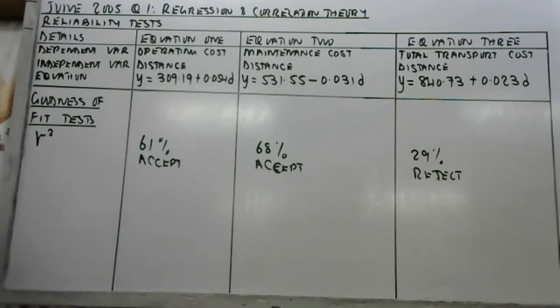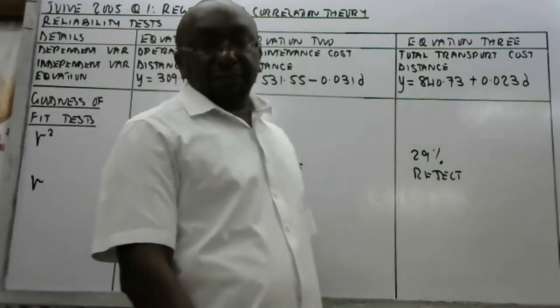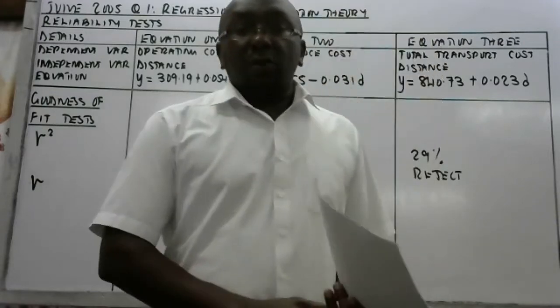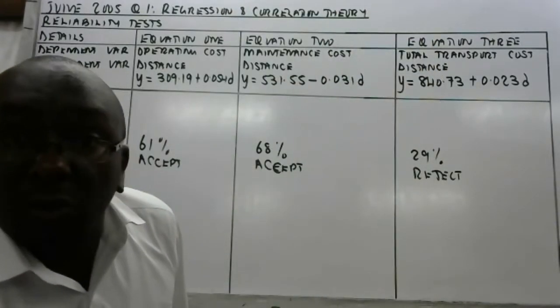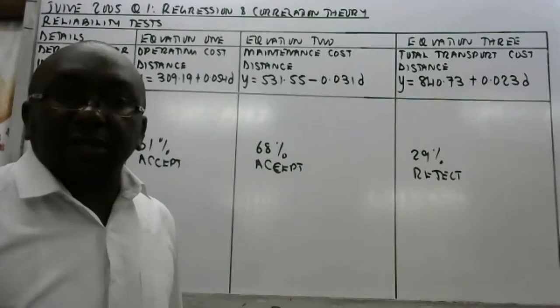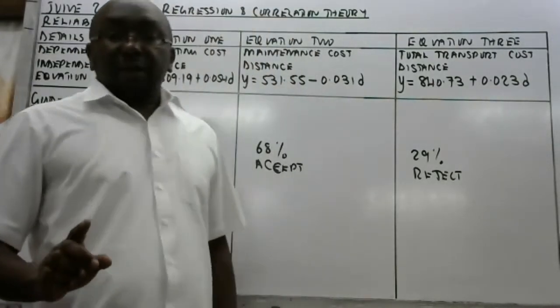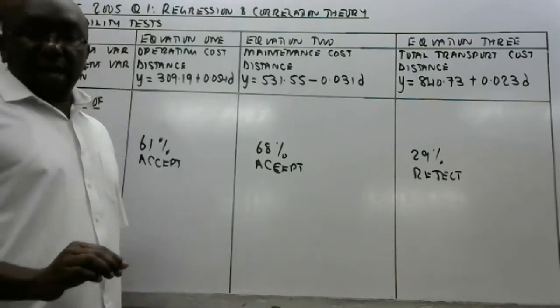Now, closely related to this is R, and you know R is the square root of R square. But when you are interpreting a report, you are not supposed to compute anything, not unless you have been advised to compute. Because I'm teaching now, let's compute.